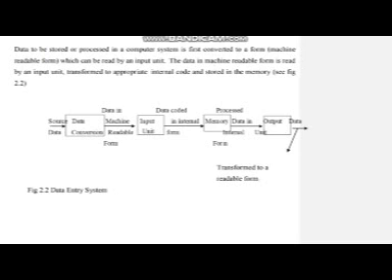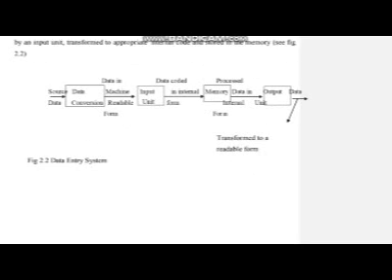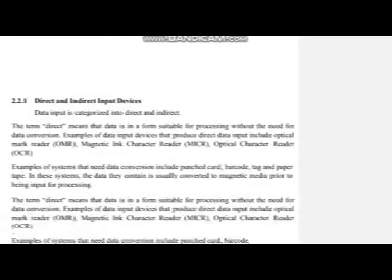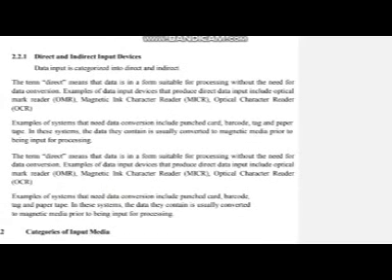Direct and indirect input device. Don't let me waste too much time. What I read is what you should just write. We won't go through the entire passage. The term direct means that data is in a form suitable for processing without the need for data conversion.